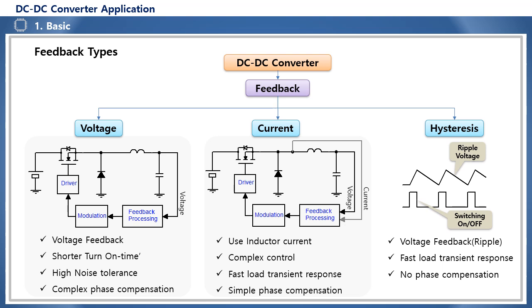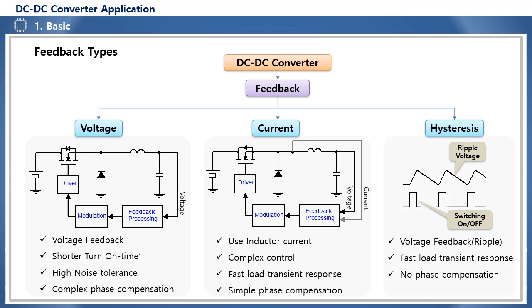However, current mode offers the advantage of a significantly simplified phase-compensated circuit design. Other advantages include a very stable feedback loop and faster load transient response than voltage mode. The disadvantages are low noise tolerance due to the high sensitivity of current sensing, and the circuit is complex.